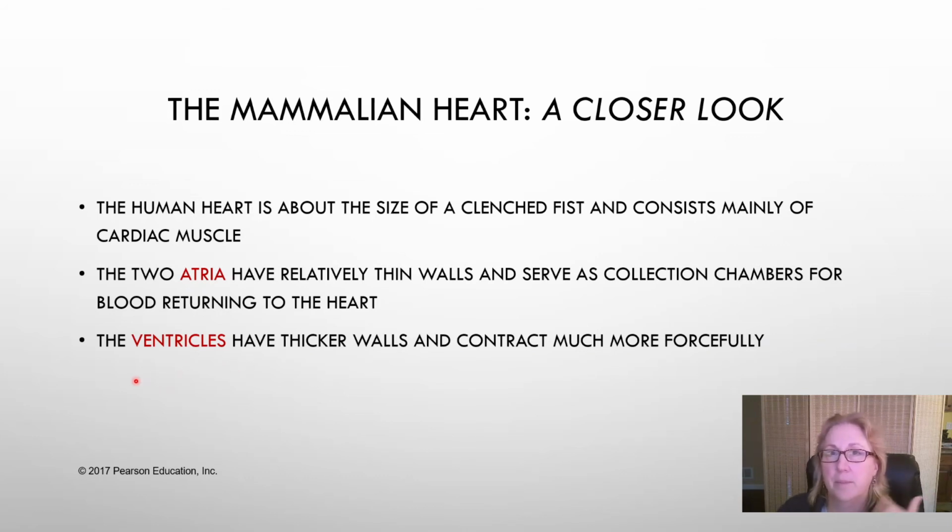They're pumping the blood back out, and the left ventricle has to work much harder than the right. The right ventricle is only pumping blood to the lungs. It's not going very far, so it doesn't need to pump under as high a pressure. The left ventricle is pumping blood to the rest of the body, so that is the thickest and most muscular chamber in the mammalian heart.